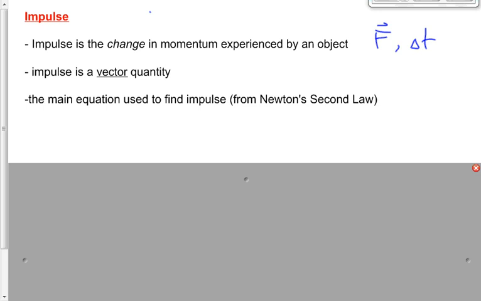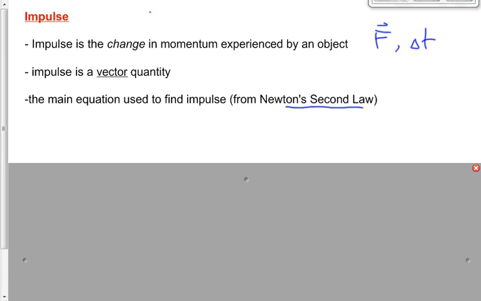Now, what's the equation that we use for impulse? We're going to derive this one, actually. I'm going to show you where this one comes from. It comes from Newton's second law. You guys remember what Newton's second law looked like in Physics 20? First law was an object in motion stays in motion, blah, blah, blah. Okay, third one was object A applies a force on object B, B applies an equal and opposite force on object A. Max, do you remember what the second one was?